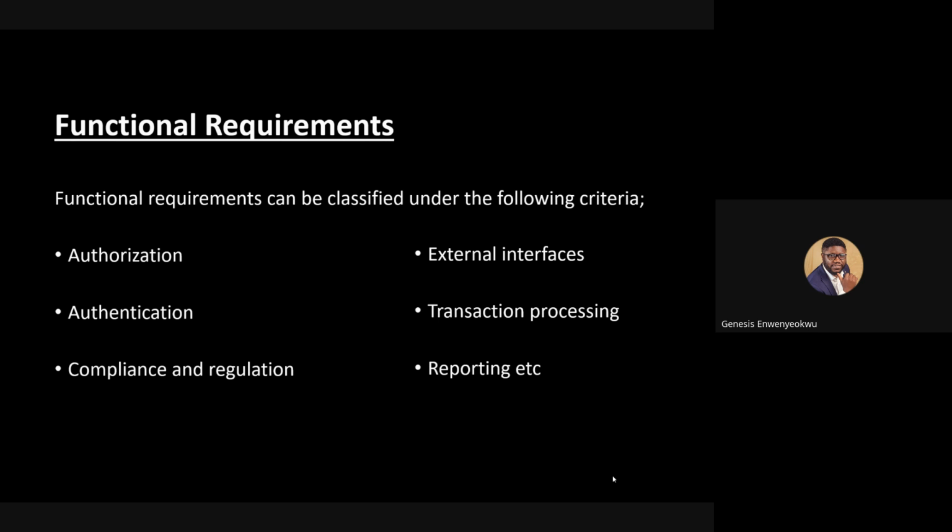Reporting requirements. You agree with me that part of the reporting you get on your bank mobile app is your account statement. You can go and pull up account statement for the past 2 months. These are reports that have been stored on the system on your behalf based on the transactions you performed.